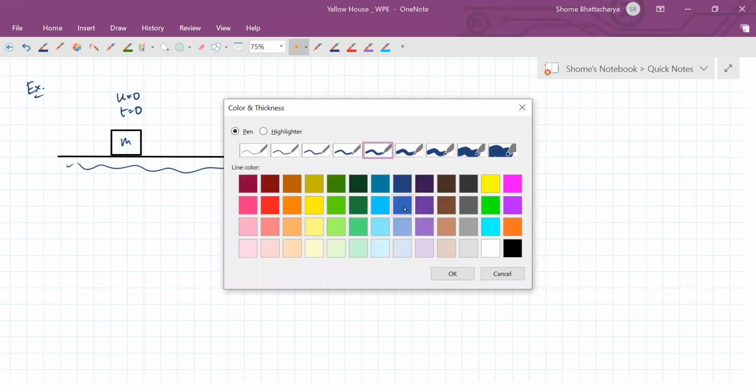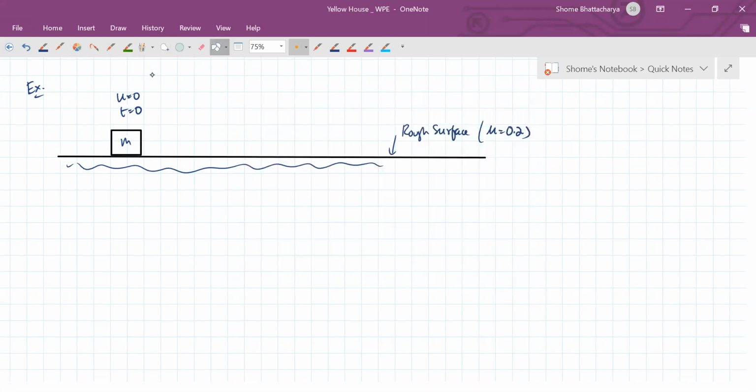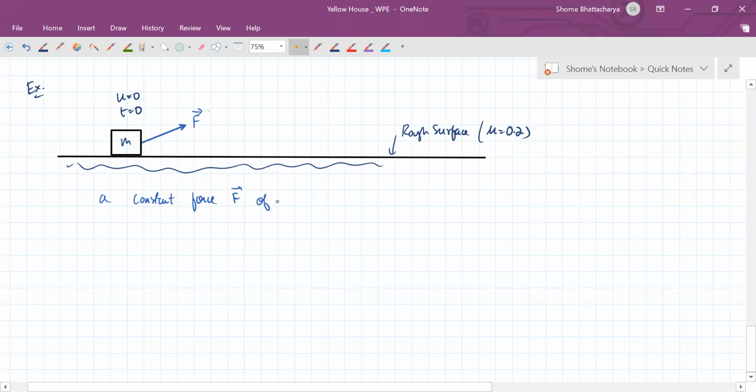Now we start pulling the block at t equal to 0 with a constant force like this. So a constant force F of magnitude 50 newtons at 37 degrees horizontal starts acting on the block.